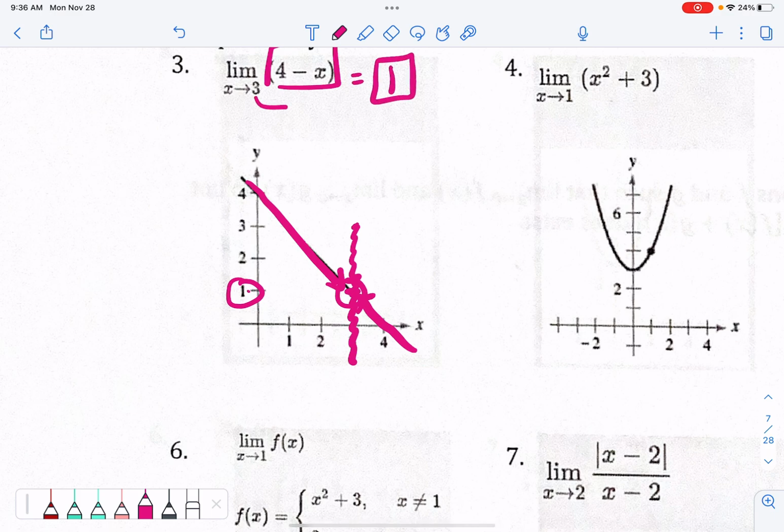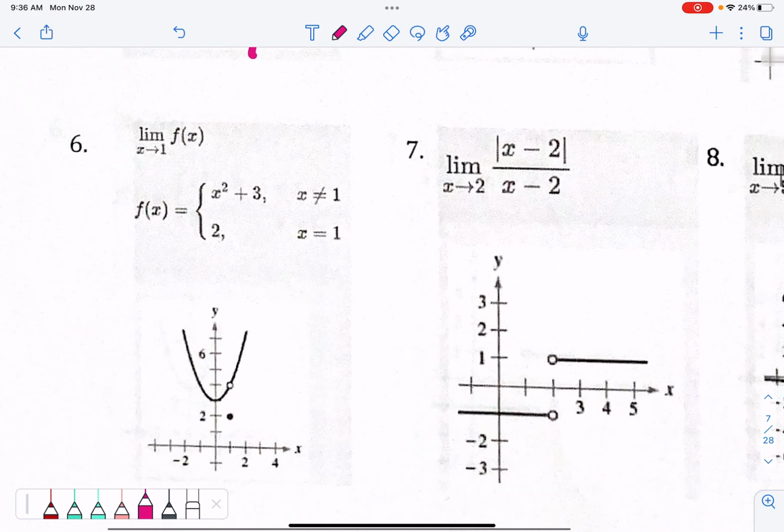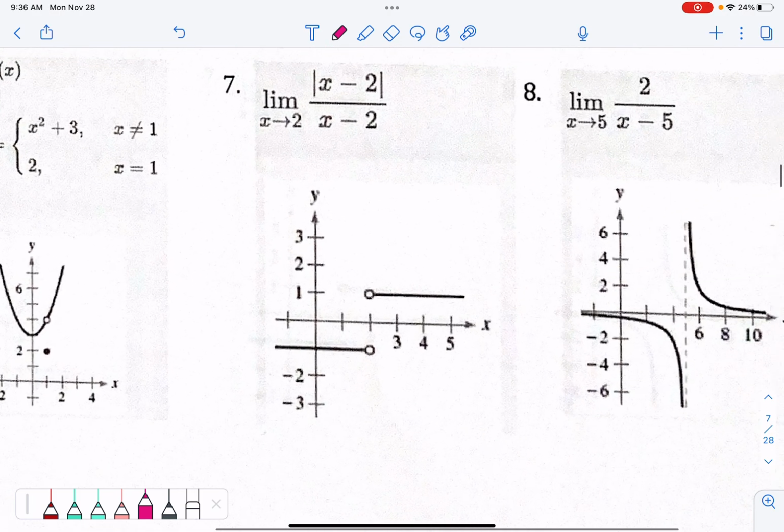And in fact, if I plug 3 into that function, 4 minus 3, the limit is 1. I could have just plugged it in to begin with, right? It's when you have stuff like number 7, coming in on the right side, this is saying that the y-coordinate should be 1. Coming in on the left side, this is saying the y-coordinate should be -1. Since those are conflicting at that point, you figure out what to do from there, okay?